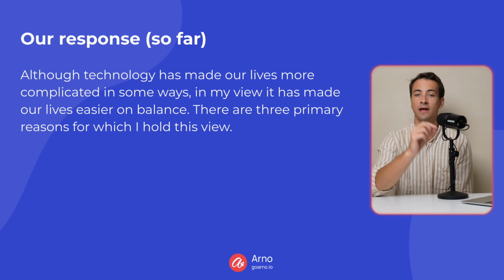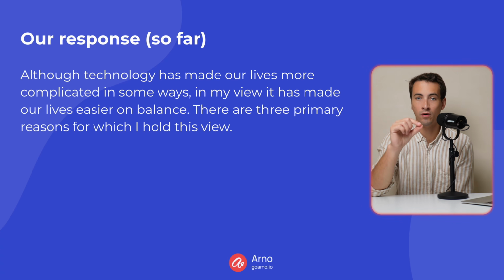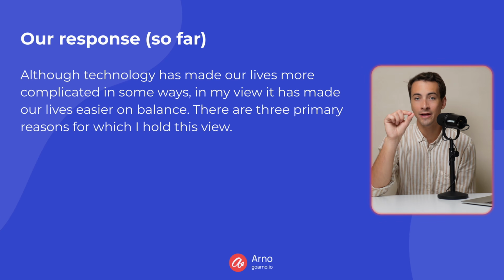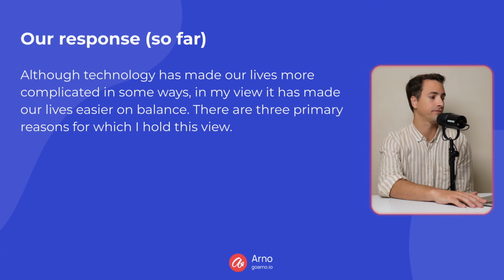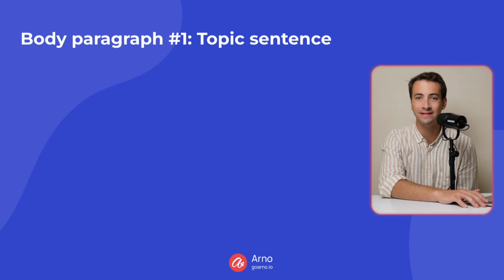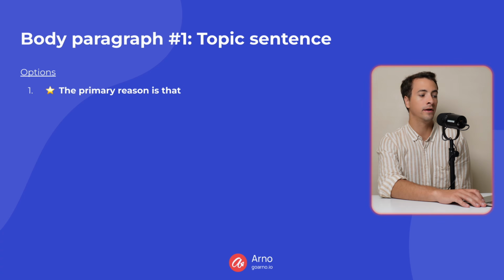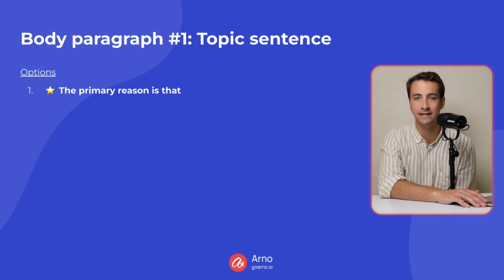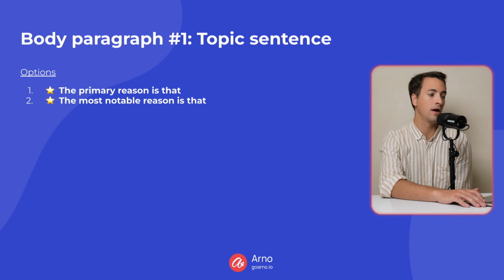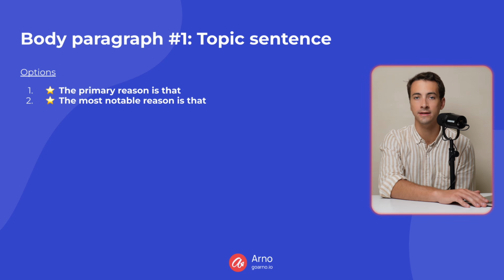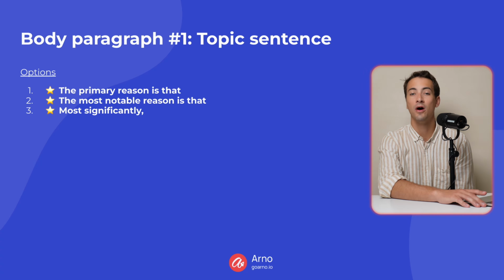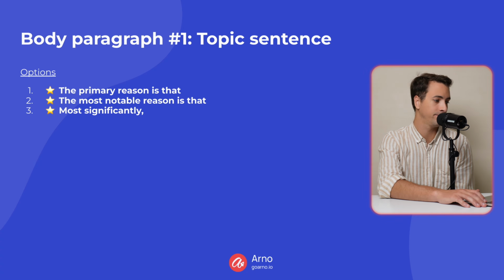Okay, let's look at the templates for the body paragraphs in which you list out your reasons and explain why you believe what you believe. So the topic sentence for body paragraph number 1, you have the following options. 1, "The primary reason is that." 2, "The most notable reason is that." 3, "Most significantly."